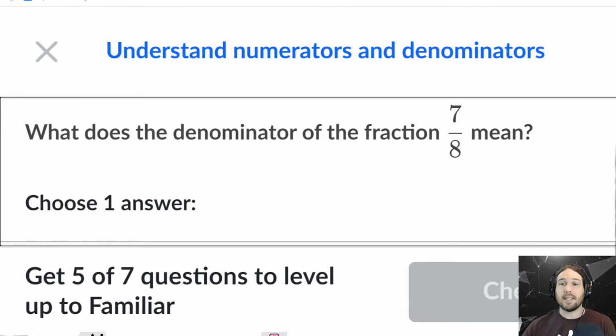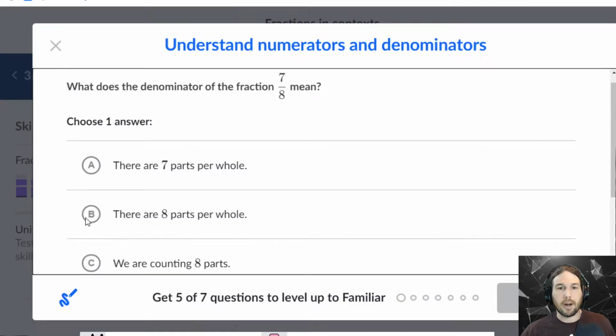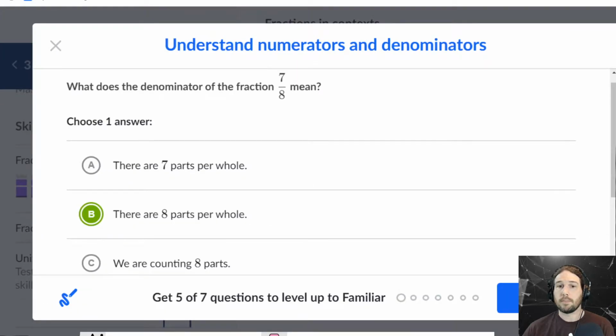Each one piece is an eighth because that's what the denominator denominates. It tells us that each whole is cut into 8 pieces. The numerator tells us that there's 7 of them, but we don't care about that. It says that there are 8 parts in one whole. So let's look back. There are 8 parts in one whole.